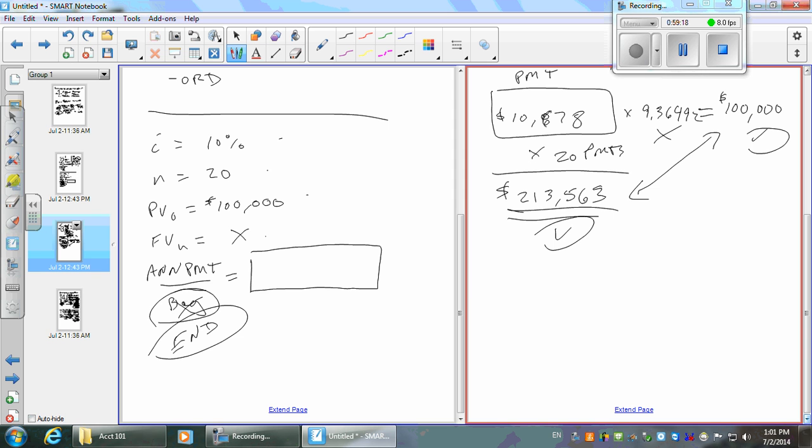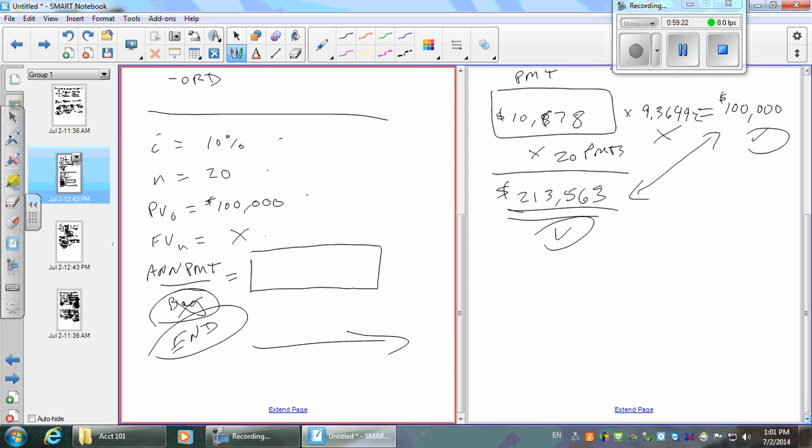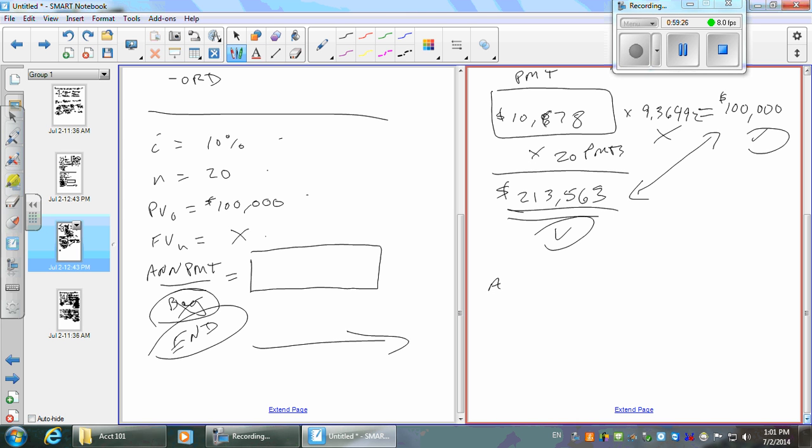Okay. So set it up exactly the same way. Now this is the end, so this is an ordinary annuity, right? So I want to know what my ordinary annuity payment is. That's what I'm looking for. Go ahead and do it.